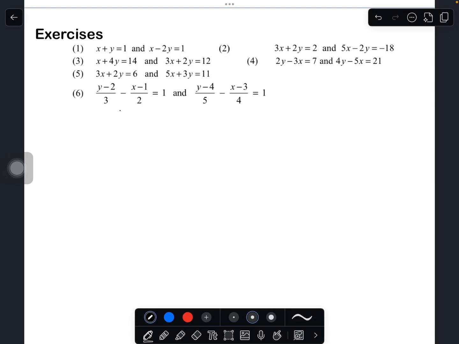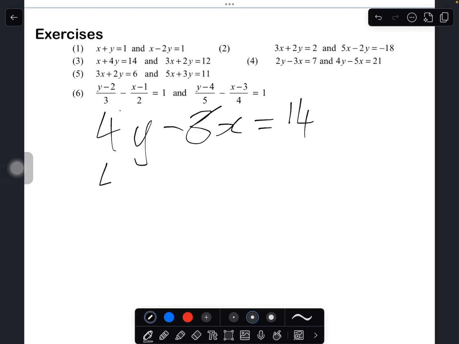So you can see where we have 2y minus 3x equals 7. We're going to multiply every term in the 2y minus 3x equals 7 by 2. So we'll be left with 4y minus 6x equals 14.